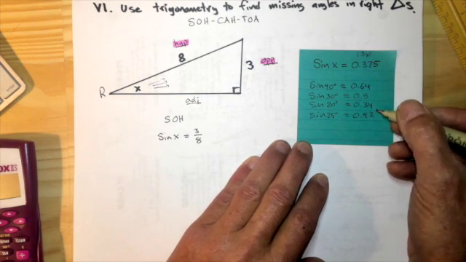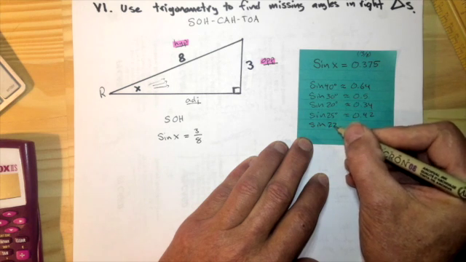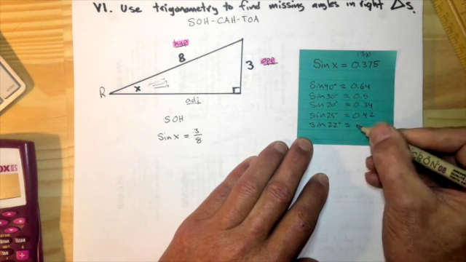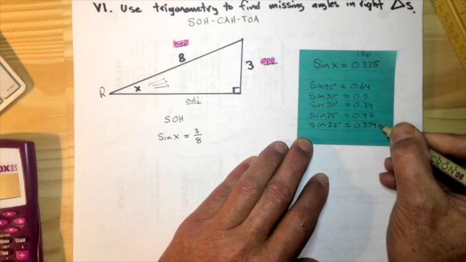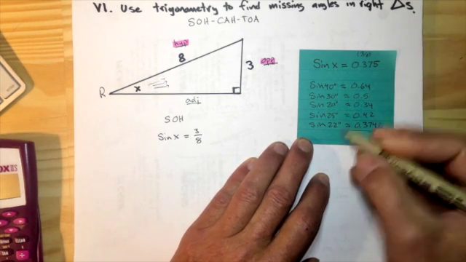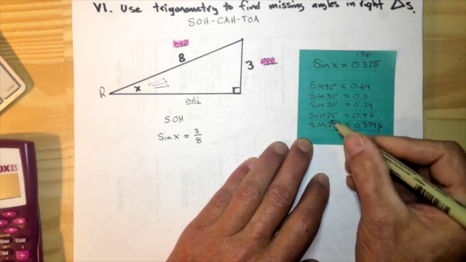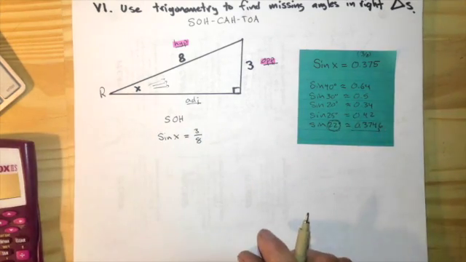Well, that's too big again, so maybe I'll guess the sine of, let's say, 22 degrees? Sine of 22 degrees is approximately 0.3746. Now, if I round that to 3 significant digits, then I get this. So 22 degrees would be the angle I'm looking for. So the angle is 22 degrees.